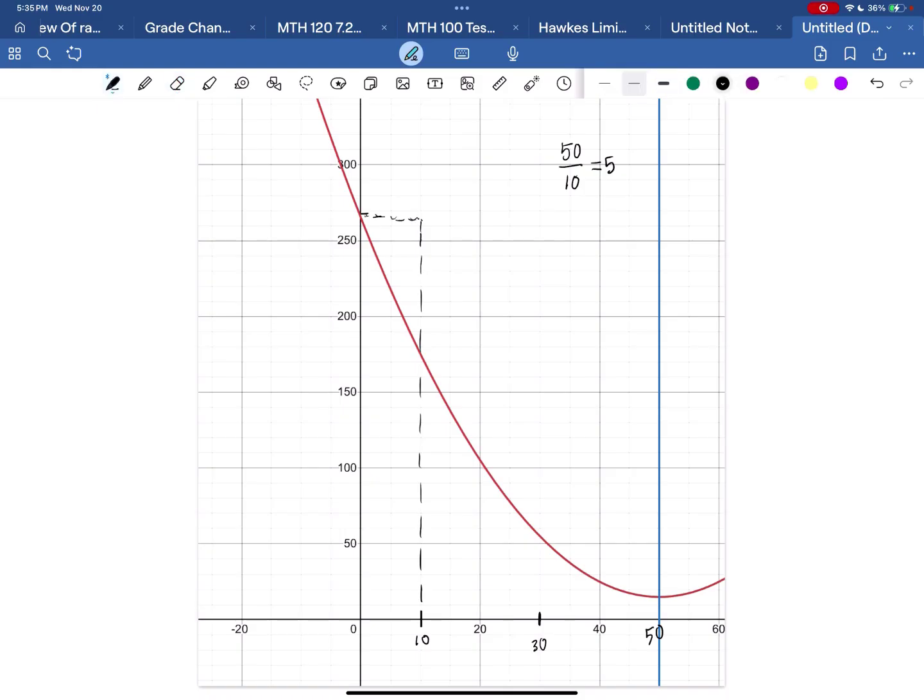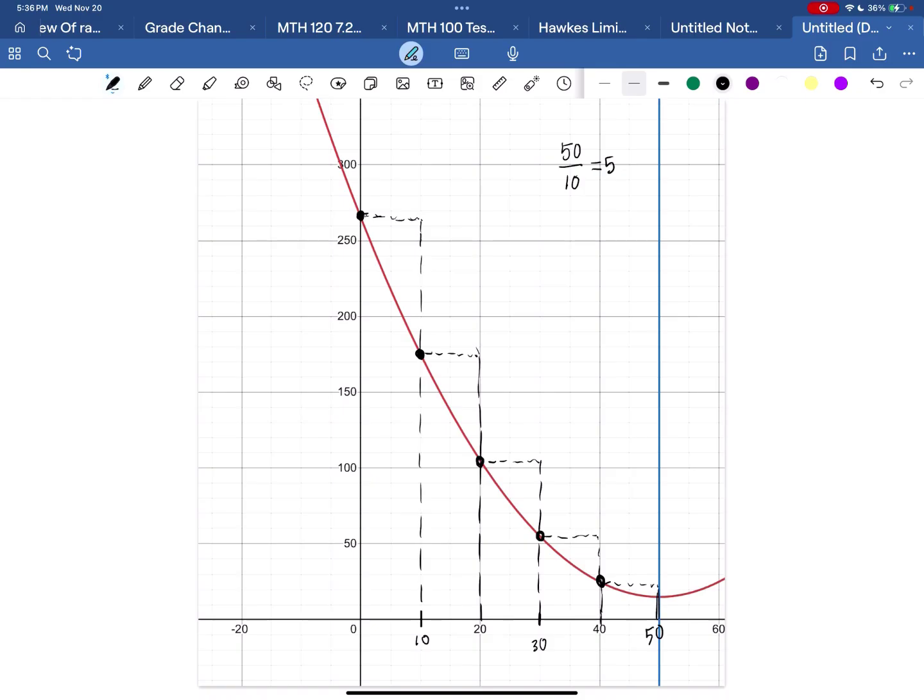Okay, because they want me to use left rectangle, so this first height is going to be right there, okay? My second height is going to go from the left to right here. My third rectangle is going to go from here to here. My fourth rectangle is going to go from here to here. And my fifth rectangle is going to be that little rectangle right there.